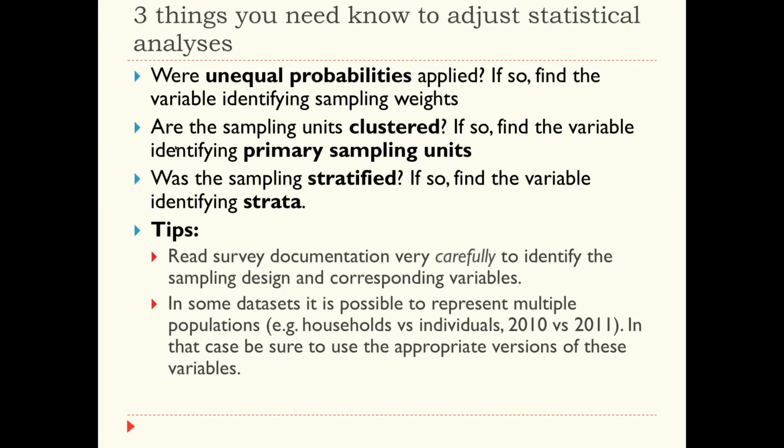So it essentially means if you have a self-weighting sample, it's as if you had a simple random sample from the perspective of probability selection. So you don't have to use sampling weights in adjusting your analysis if that's the case. That doesn't mean you don't have to pay attention to survey design at all, because you still have the issue of clustering and needing to adjust your standard errors.